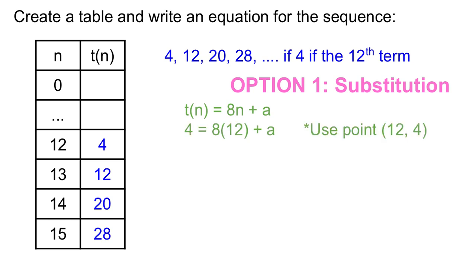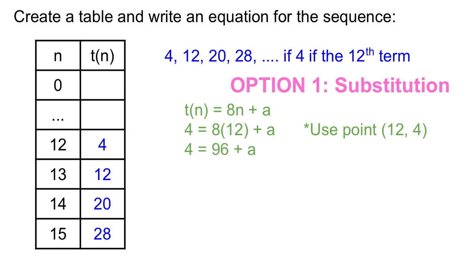In this example, I'm going to use the point 12, 4. So basically what I did here was I substituted the 12 in for n, since 12 was under n, and then I substituted the 4 for t of n, since 4 was under t of n. And now I'm going to solve for a. So if I multiply 8 times 12, I get 96.